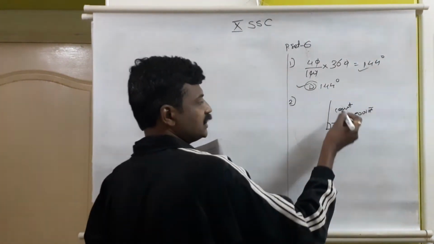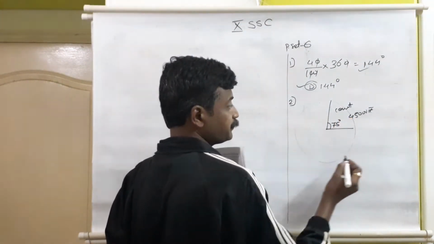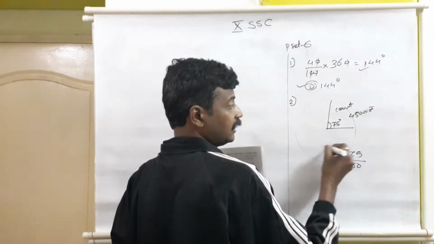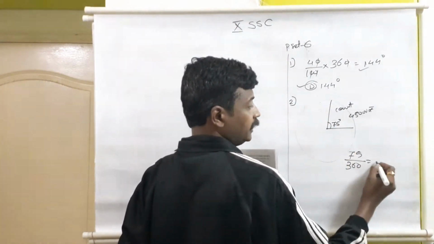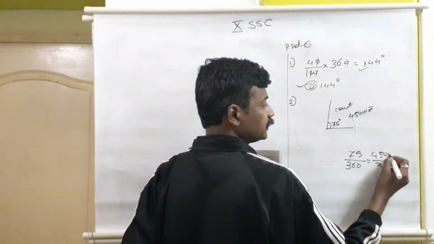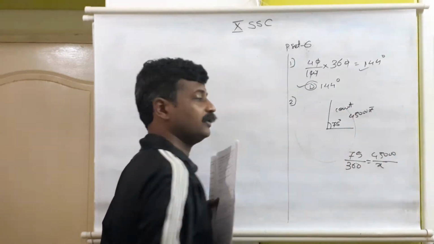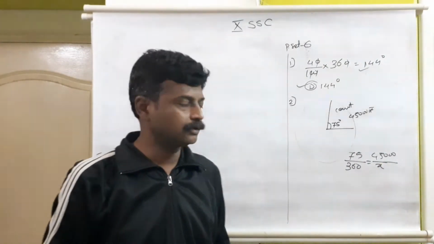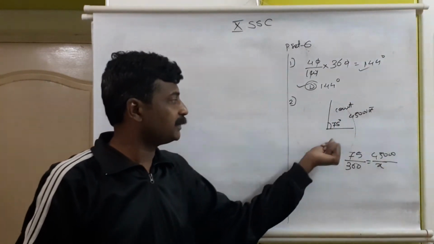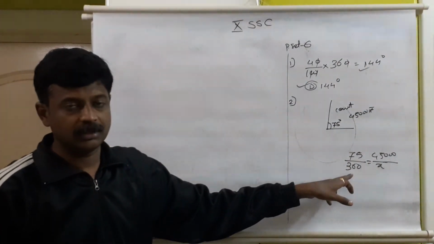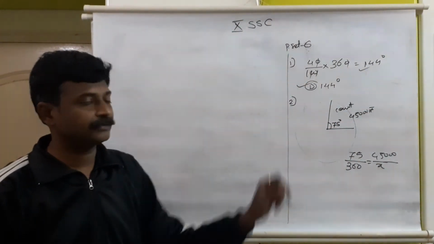Very easy. 360 degrees is the angular measurement. So how to find out? 75 degrees is out of 360. Then how much will be the investment? Out of that, 45,000 is for cement. The overall amount we don't know, which we want to find out. When 360 degrees is the total, then 75 is for cement.